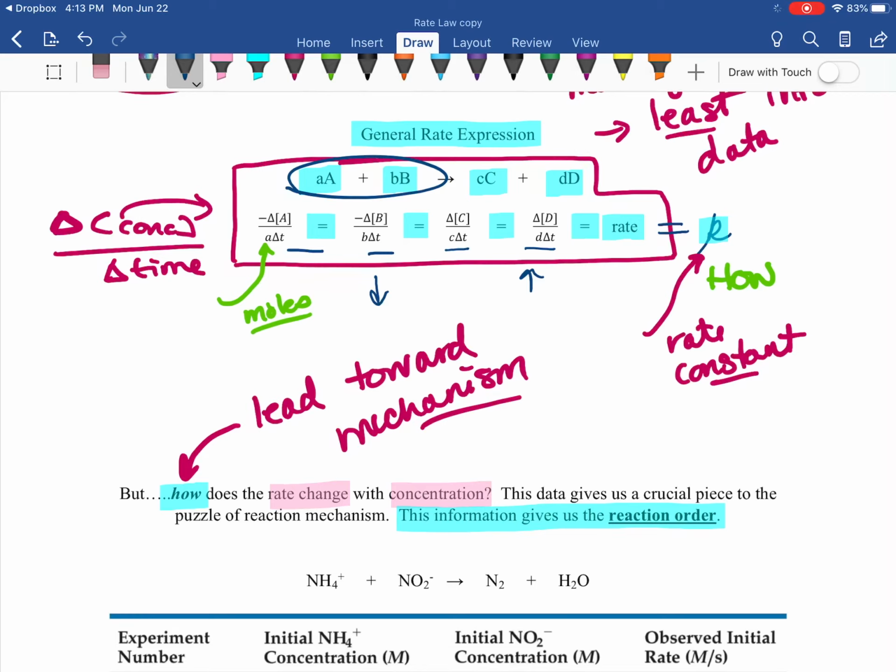That's how that happens. So our rate law actually only includes reactants. We're going to study how they disappear. So I'm going to take each reactant. In this case, we'll put A and B in there as our reactants.